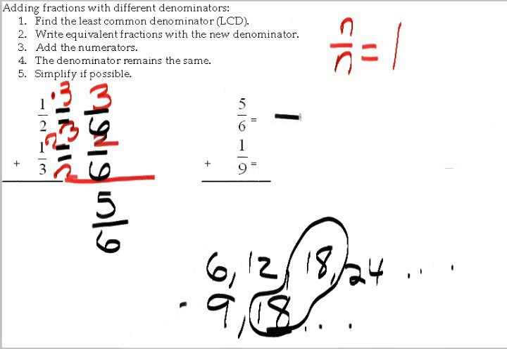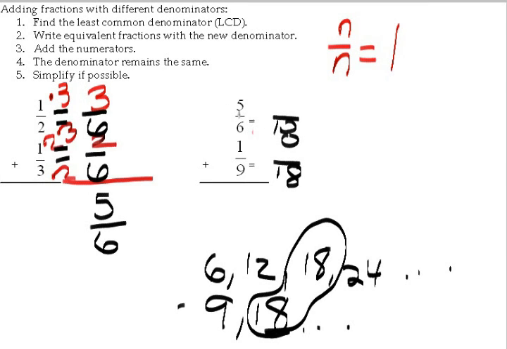So we need to write equivalent fractions with our new denominator of 18. So we have to determine how to write those equivalent fractions. So if we look across horizontally, going from 6 to 18, we're multiplying by 3.